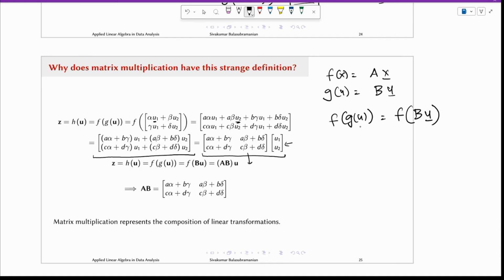F of some vector is A times that vector. That means this is A times B times U.